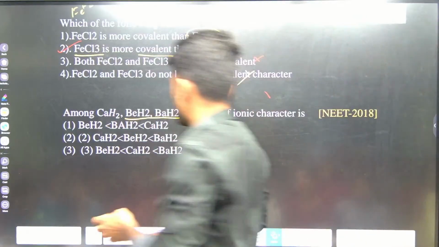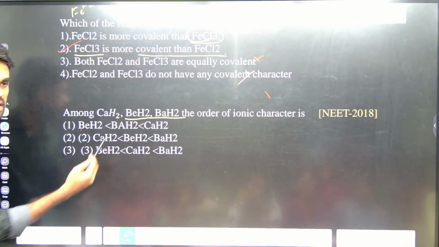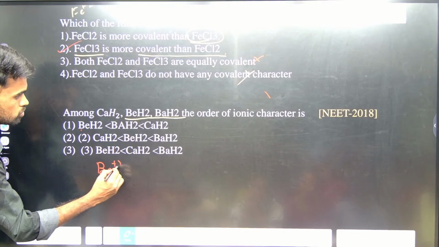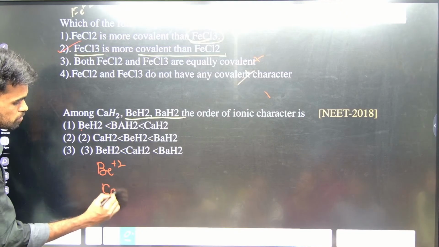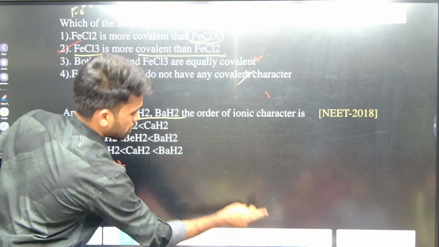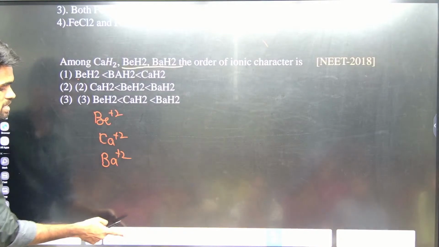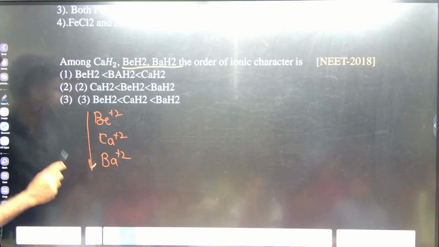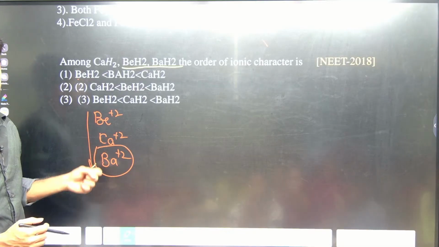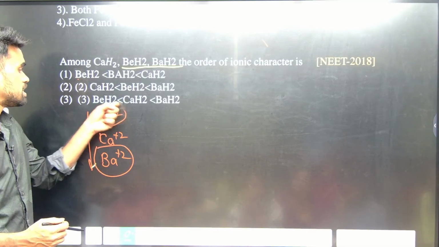Now you tell me, these are alkaline earth metals: beryllium +2, calcium +2, barium +2 are given. Down the group, what happens to the size? Size increases. So this is a large size cation, and this is a small size cation.